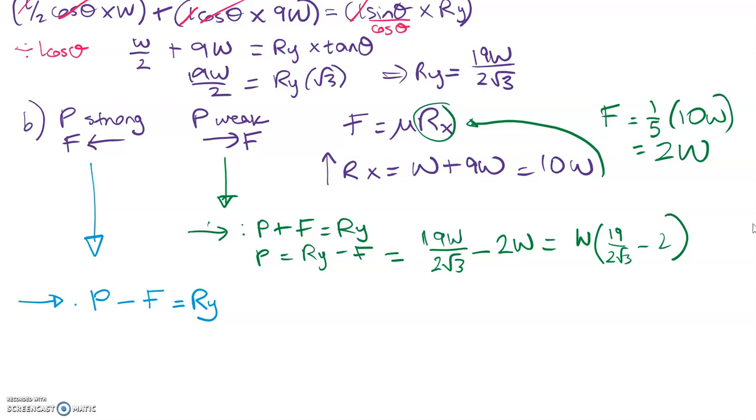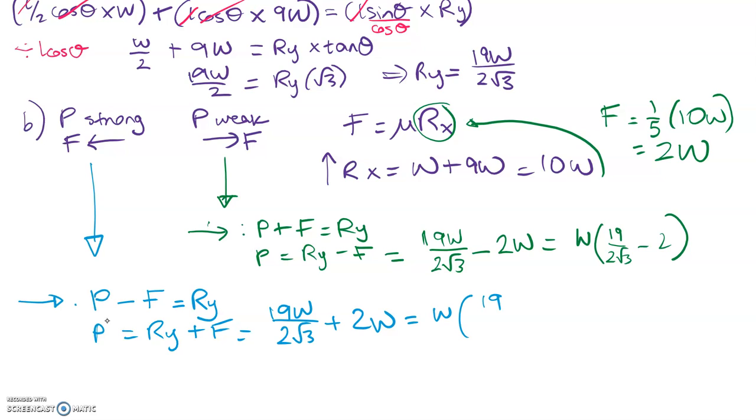So P equals Ry plus F, which is 19W over 2 root 3 plus 2W. And then again, I'll just take out the W. So that is the maximum value of P here, and the green one is the minimum value of P.